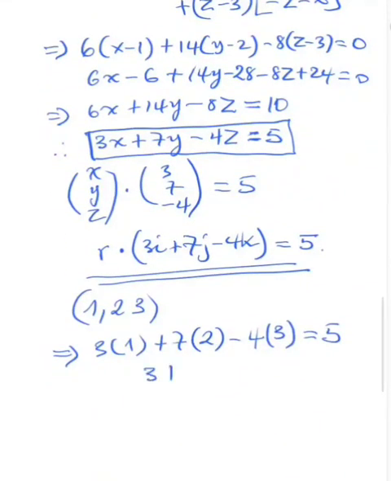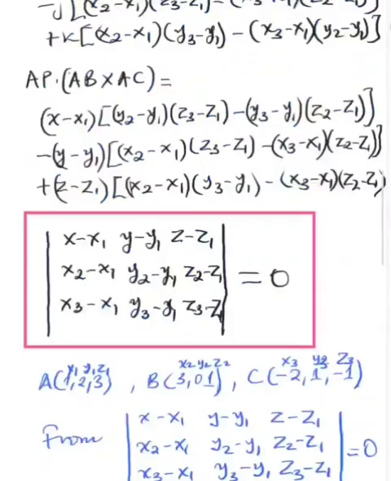So we have 3 plus 14 minus 12, which is equal to 5, and 17 minus 12 gives 5. 5 equals 5, and that shows that the point lies on the plane. You can do the same with the other 2 points which have been given, and you would see that they always satisfy the equation of the plane, showing that the formula is valid.